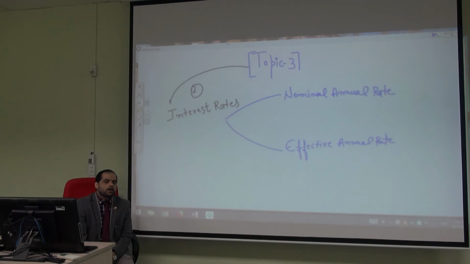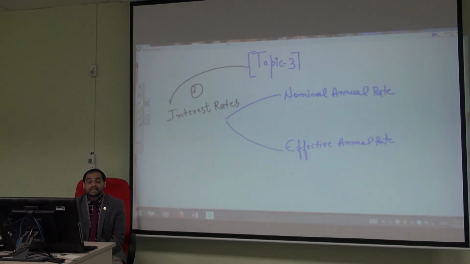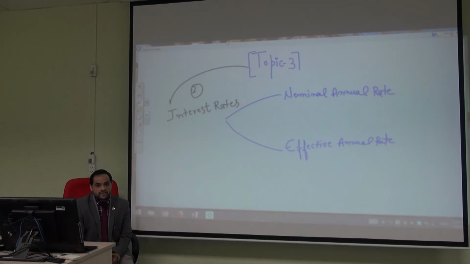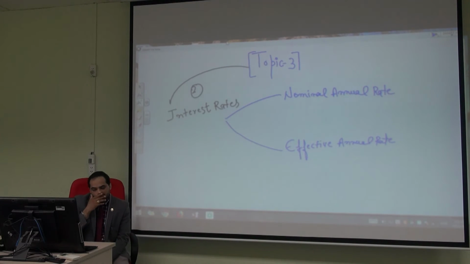So nominal annual rate, as I said, is what the bank normally offers to a lender or borrower, right? But a bank is a financial institution which does not determine the rate of interest. The rate of interest is normally determined by the central bank, Reserve Bank, or Federal Reserve; in different countries it has a different name. In Vietnam they call it the state bank.